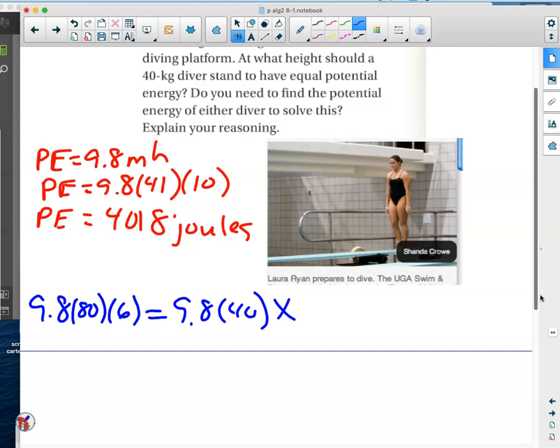So would we have to find the joules for either one of these? Yes and no, right? We probably wouldn't label it, but we'd multiply this out. We'd write the number down. We'd divide by 9.8 times 40. So the answer to their question is no. We could just use the fact that they're equal.